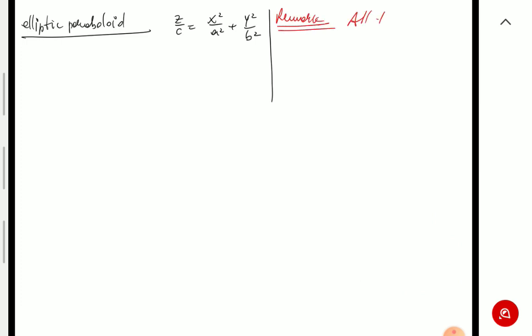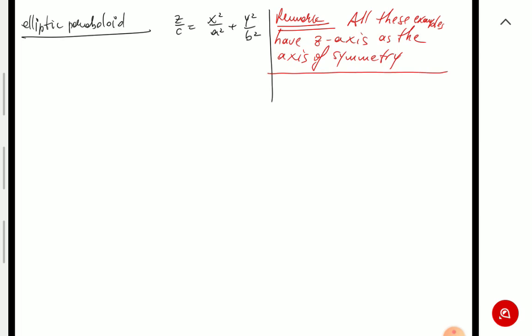All these examples have a z-axis as the axis of symmetry. So they are along the z-axis. If you interchange x, y, and z, you have, of course, symmetry with the other axis. But we're not going to mention all three versions of these equations, because then it's going to be too much of a mess, obviously, right?